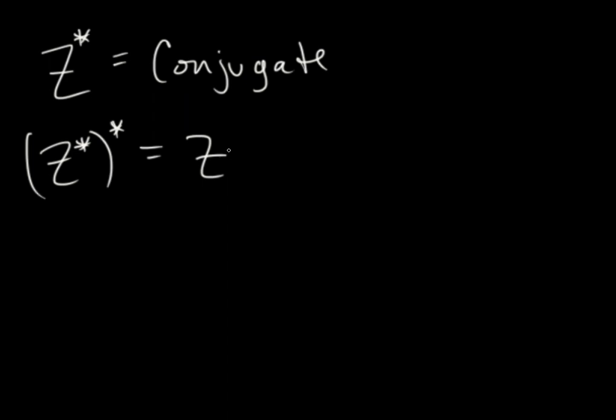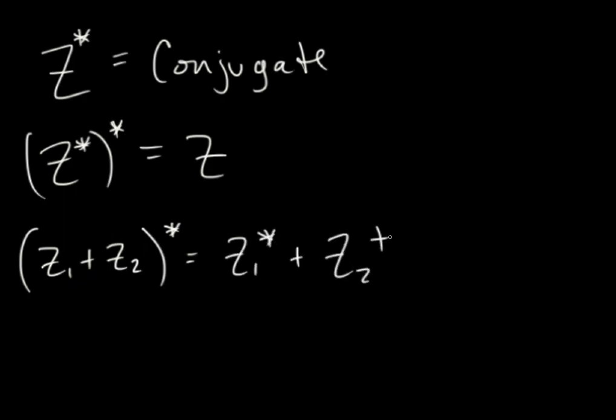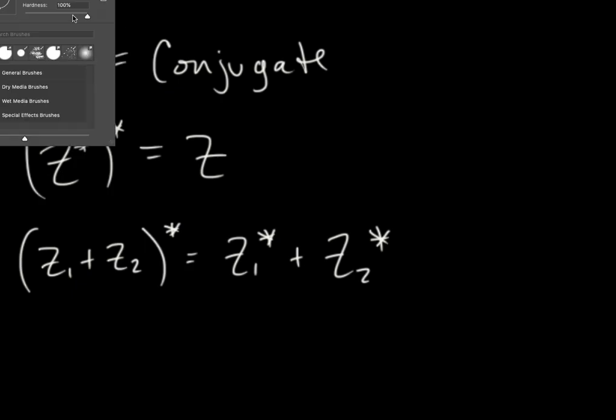If we add two complex numbers together and we take the conjugate of their sum, that's the same as the sum of their individual conjugates. The same thing is true with subtraction.